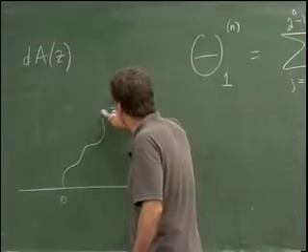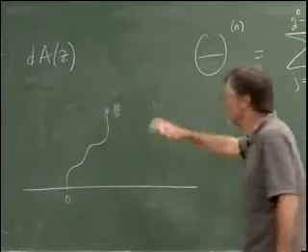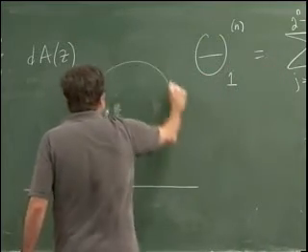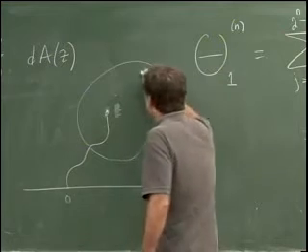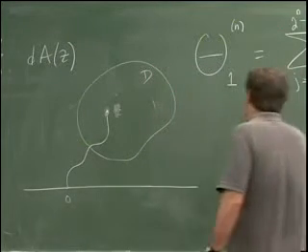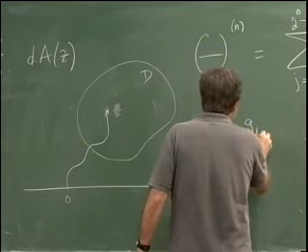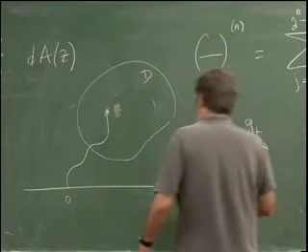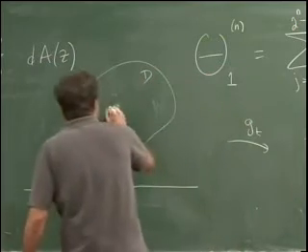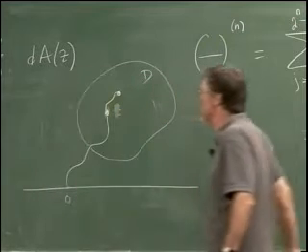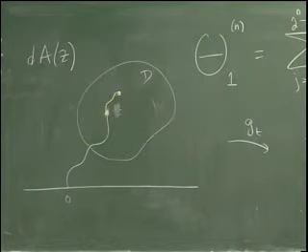Maybe that'll help. So there's my curve, and here's D maybe. There's my D. So I map this by g_t. And here's my increment, that's my delta t, my 2 to the minus n.